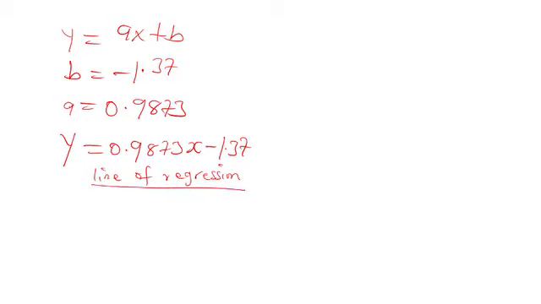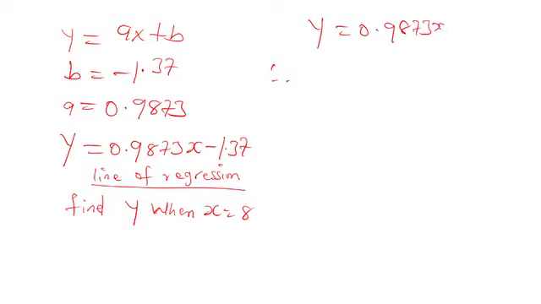So at this point, remember our x is the independent variable. You can now solve for the value of y at any value. Let's say, find y when x is equal to 8. It's just a question. Let's try it and see. From our equation, y is equal to 0.9873x minus 1.37.